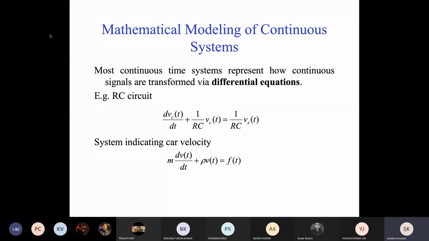Is the highest derivative 1 only? No, I'm asking what is the output signal? Yes or BC? Sir, VS, sir. Yes. So what is the order? 0. Right? No derivative, so the order will be 0.